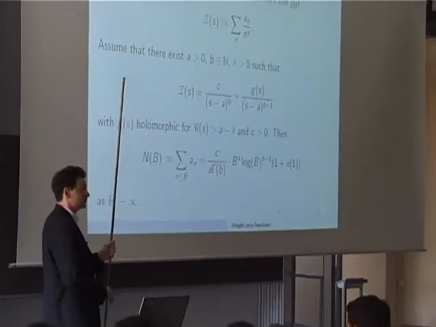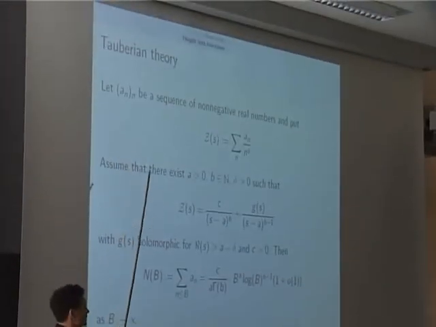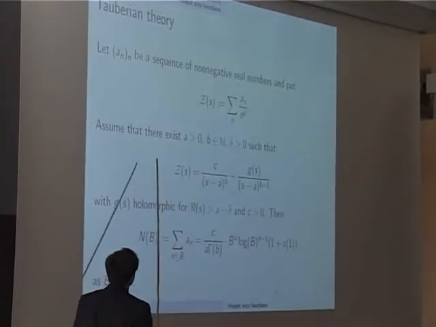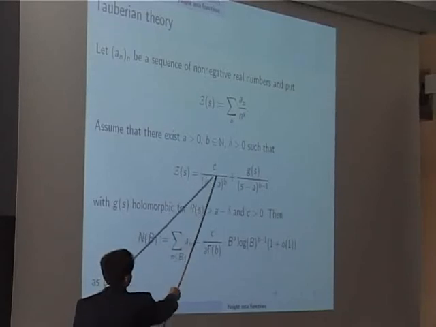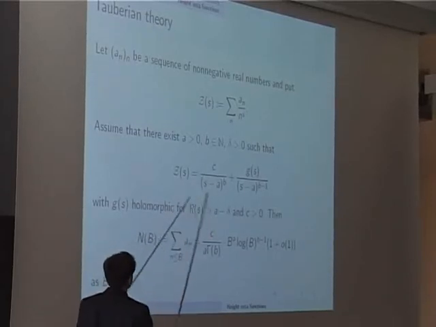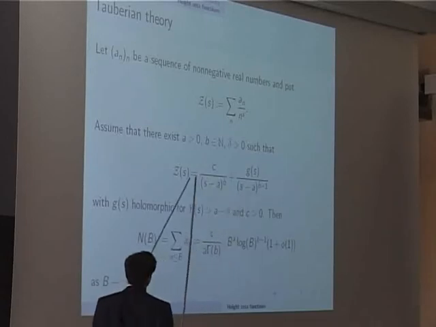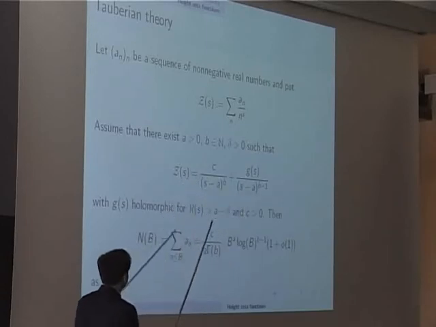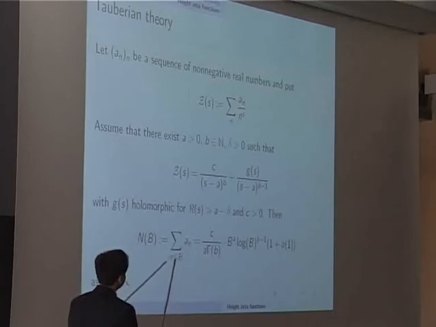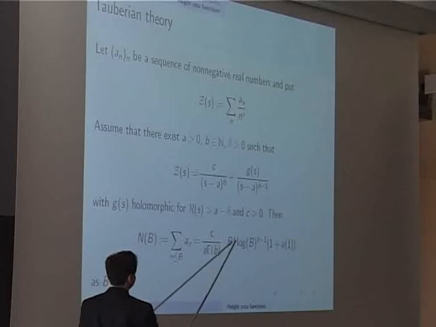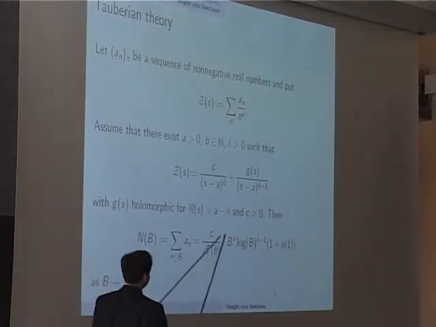And now what's the relation, again, to our original counting problem? Well, if you have a zeta function with some numbers there, and if you know that you have a pole, you have a function g(s) holomorphic in some neighborhood of the pole, I mean, real part s bigger than a minus delta, you have this kind of expression for your zeta function, then you can derive an asymptotic formula: N(B), the sum over all a_n, n less than or equal to B, is B to the a log B to the b minus 1, and then there's an explicit constant.